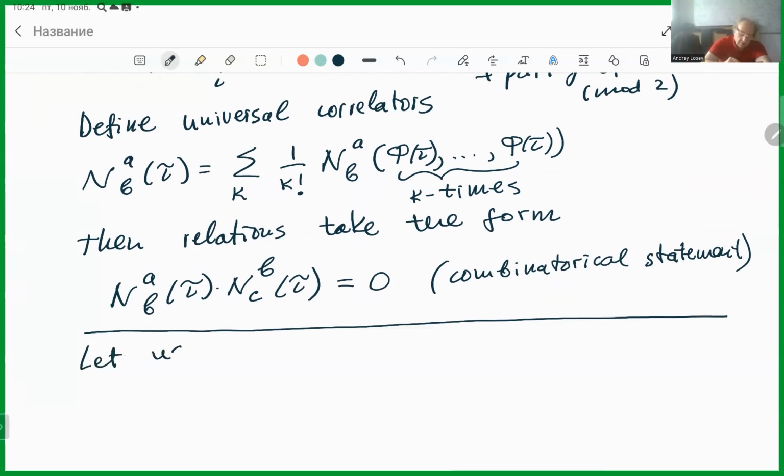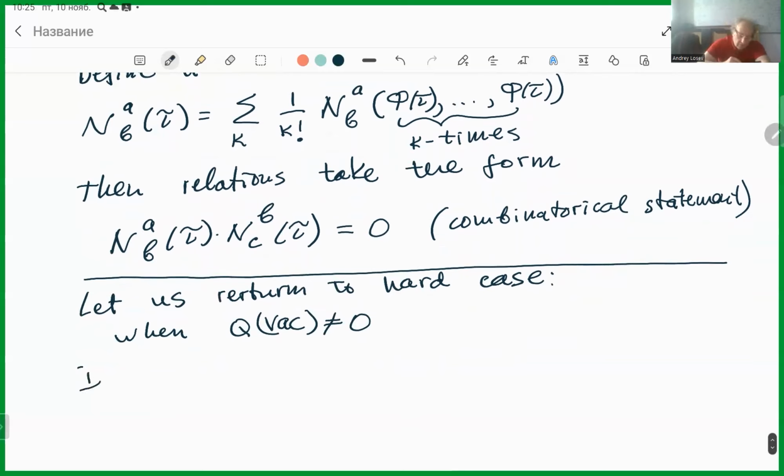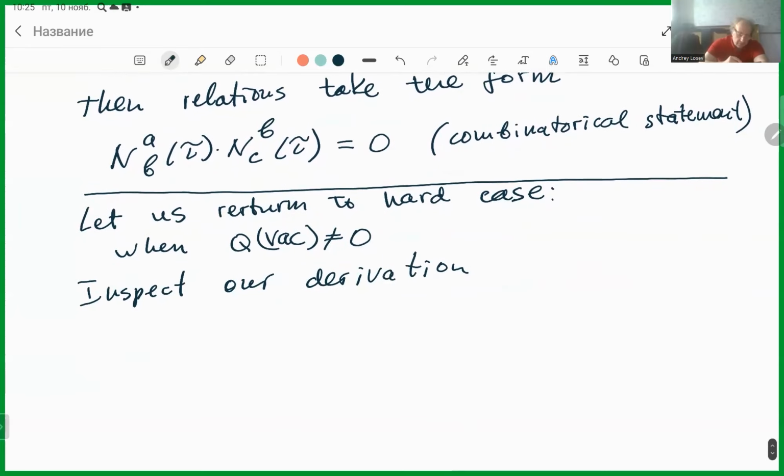Now let us return to the hard case, when Q on the vacuum space is not 0. Inspect our derivation. Now it's not 0.